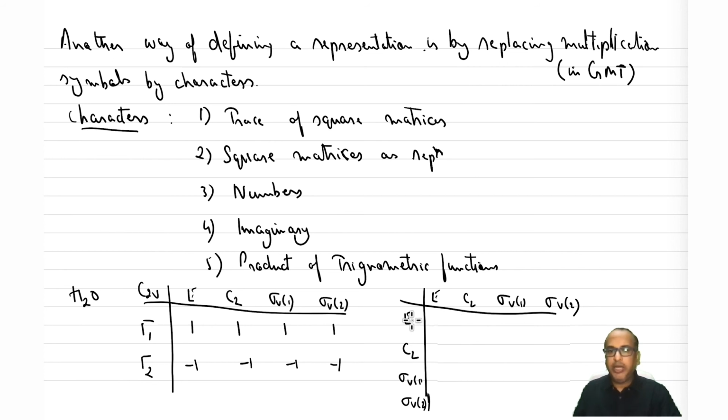Now if I do E into E, that means I should get E here. But if I do -1 into -1, what I get here is +1. So that means now it is not following the GMT table. The products are not giving me the correct representations if I choose -1 as the character for all 4. So that means this does not form a representation under this C2V point group, right?